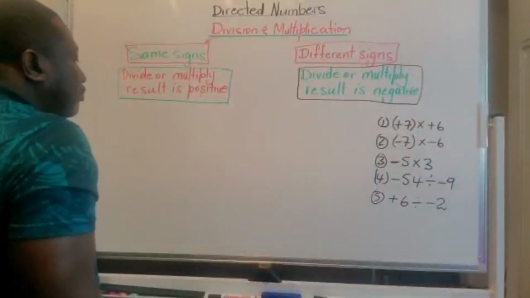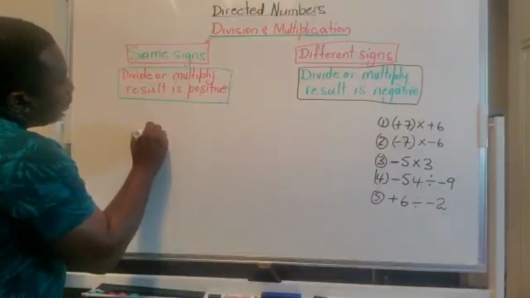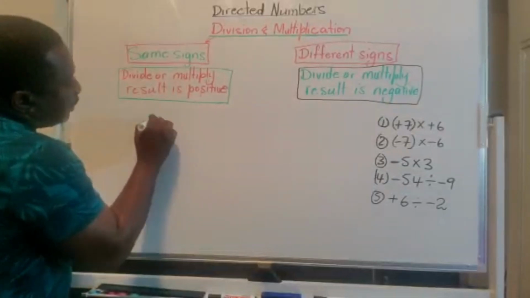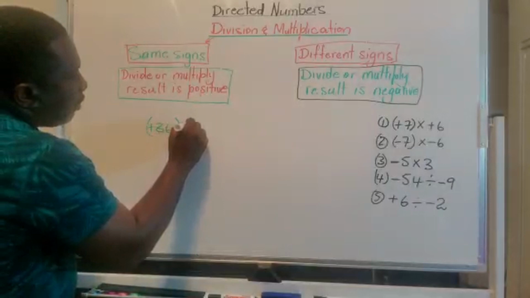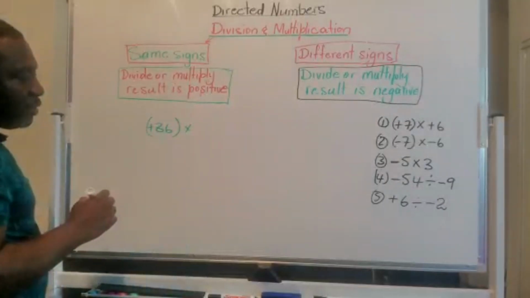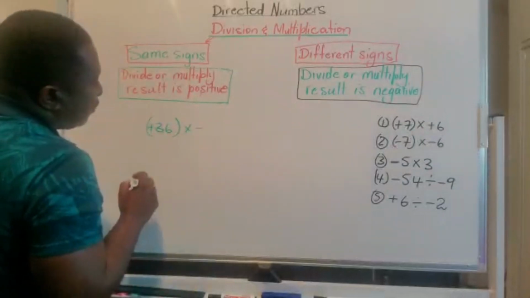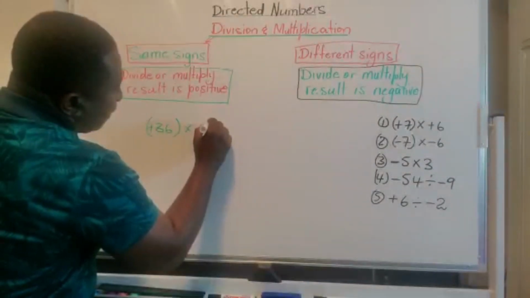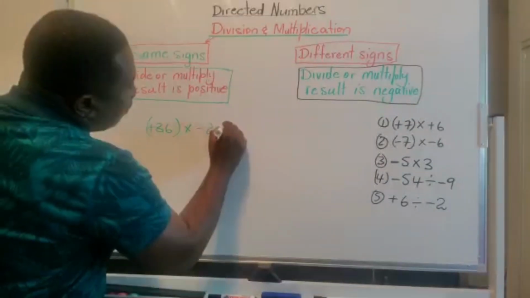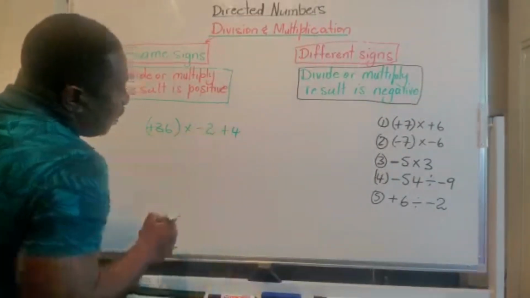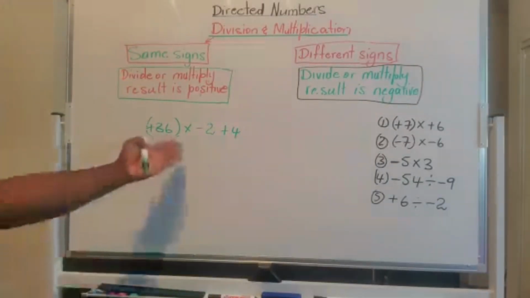Let me do one more. 36 being positive, multiplied by negative 2, plus 4. I'm just incorporating a little addition and subtraction here, still maintaining the rules.